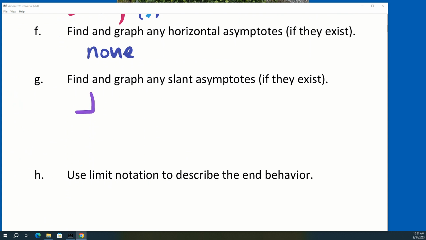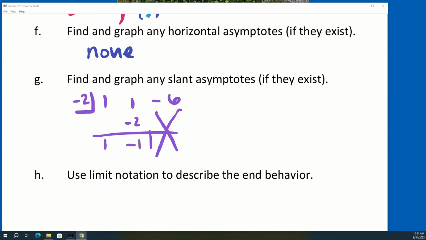So I'm going to do the opposite of the denominator on the box. So that means that my slant asymptote is y equals x minus 1.